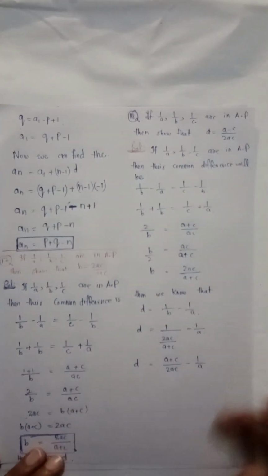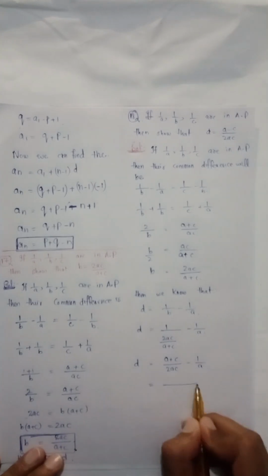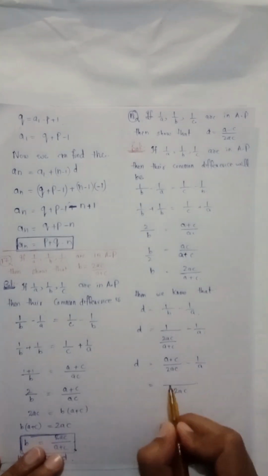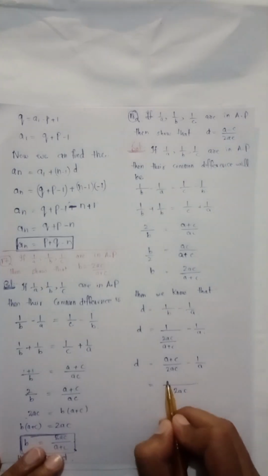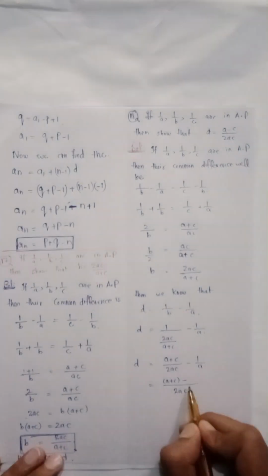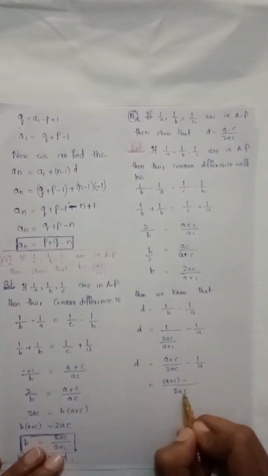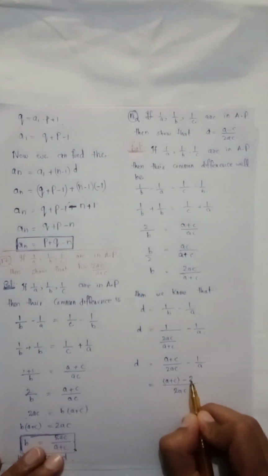Now by taking the LCM of this, 2ac divided by 2ac, answer will be 1, and 1 is multiplied with a plus c, minus a divided by 2ac, answer will be 2c.